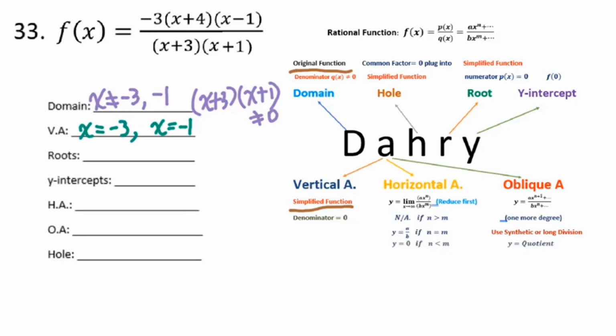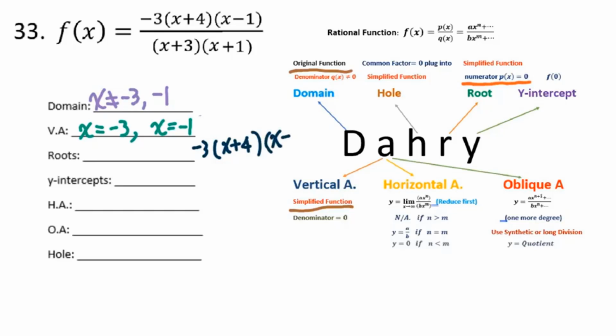For the roots, you have to make the numerator equal to 0. Therefore, we will set up -3 times x plus 4 times x minus 1 equal to 0. And you will get x1 equals -4, x2 equals 1.